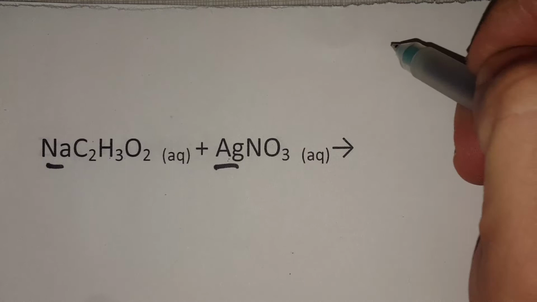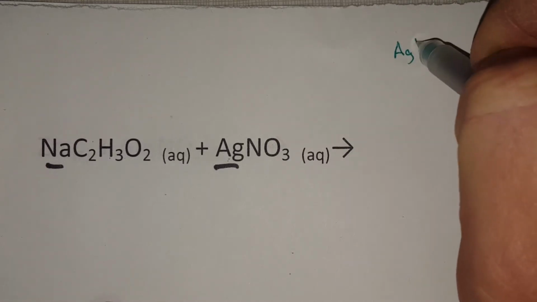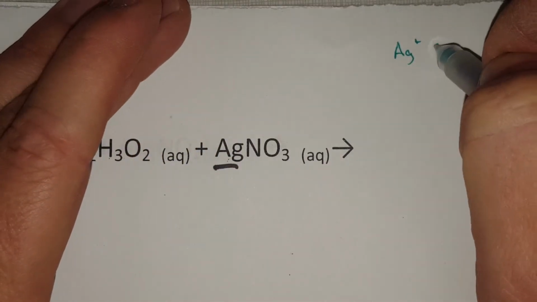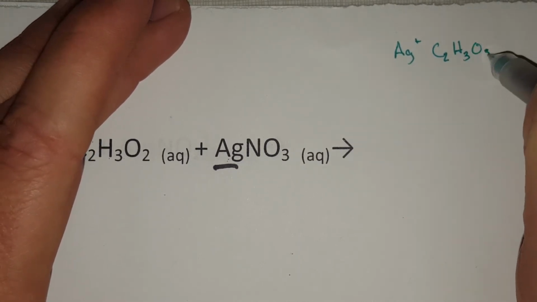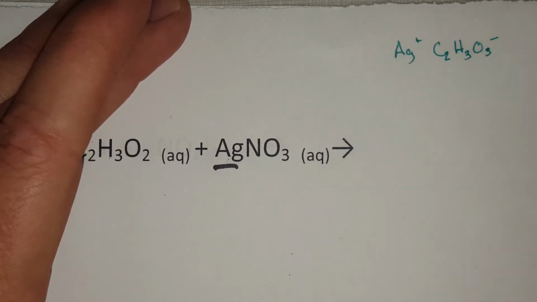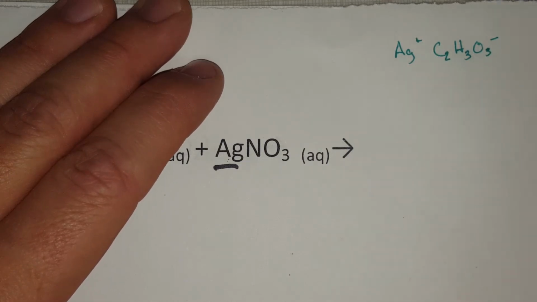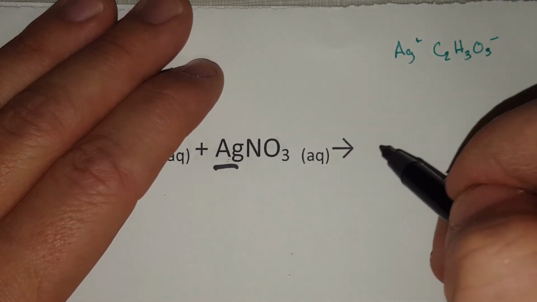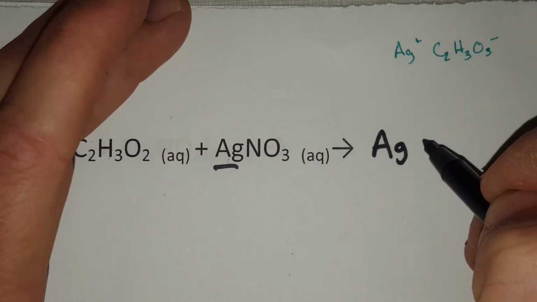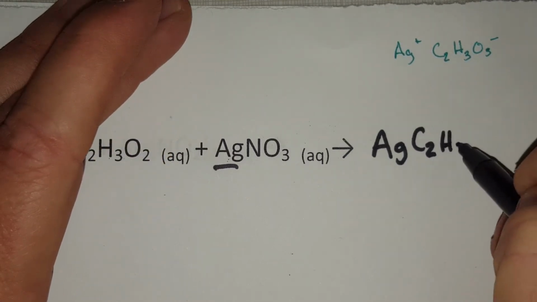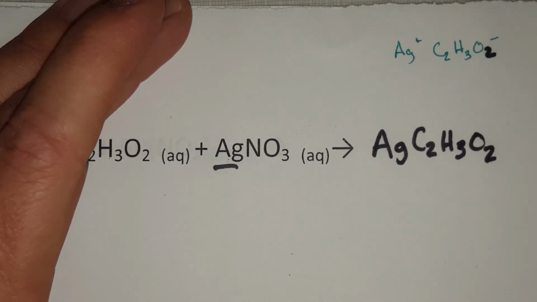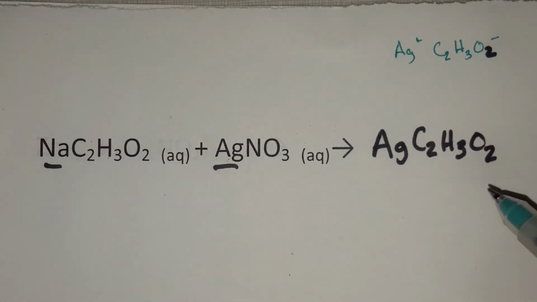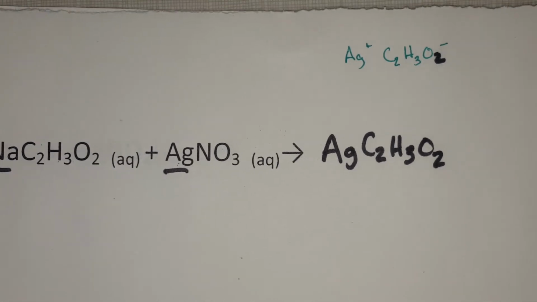Then I will determine my formulas. I know silver is going to combine with acetate, and they both have a valence of either +1 or -1. So I'll predict that one of my products is going to be silver acetate, and then sodium nitrate will be the other.